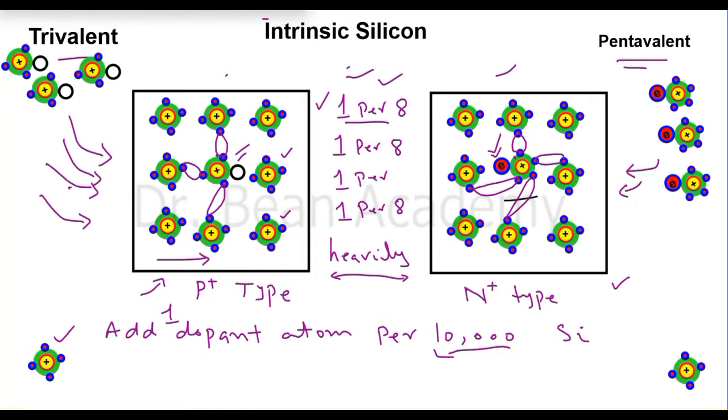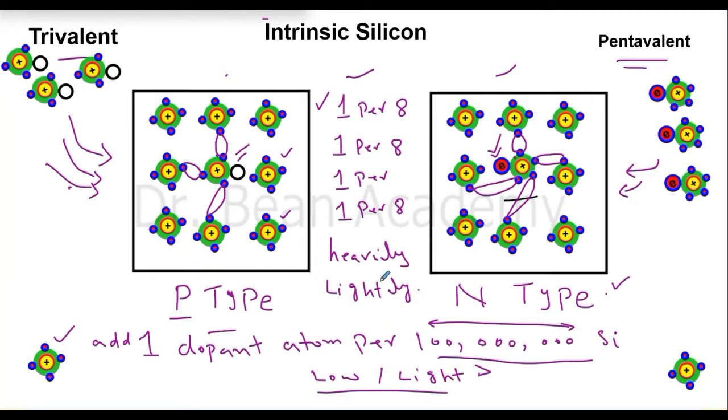And similarly, in case of light doping, as I told you, light doping means I will add one dopant atom per 100 million silicon atoms. And this doping is called light doping. And if a material is lightly doped, then we usually add a negative sign with N. So don't confuse it with N ions or something like that.